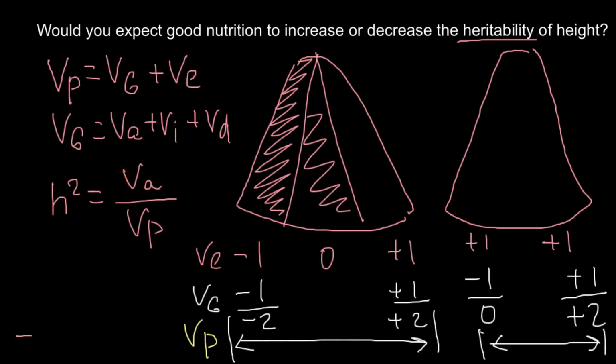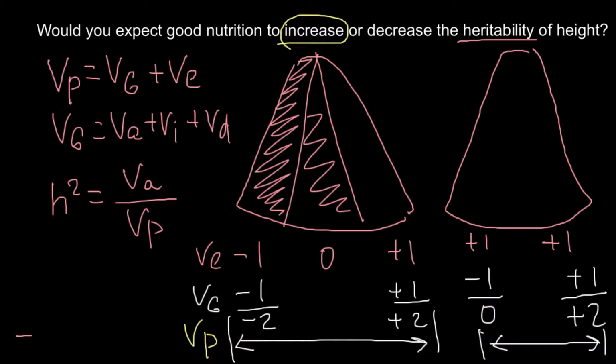So if this number stays the same, but this number is smaller, that means that good nutrition would increase heritability of the height. In other words, if we try to apply this formula for this example, what are we going to get? As you see, the variance due to environment here would be between -1 and +1, and this is going to be 2.